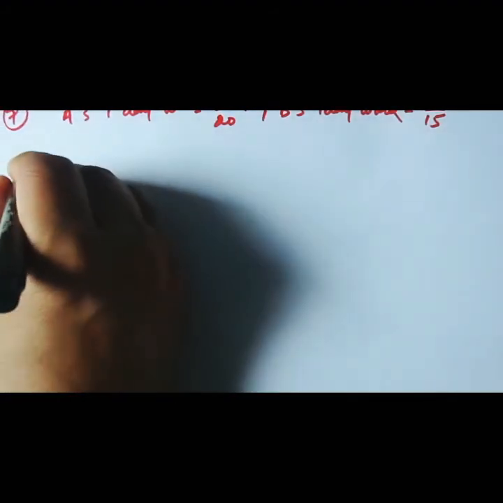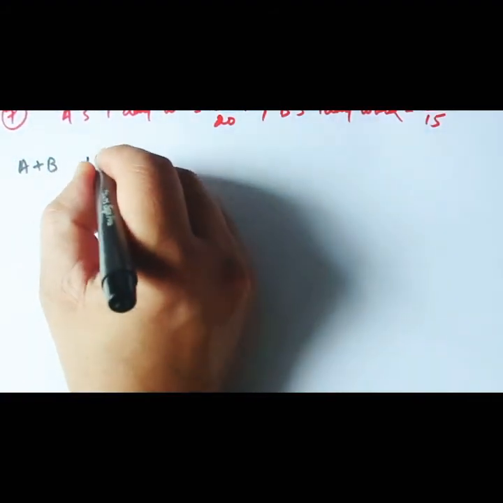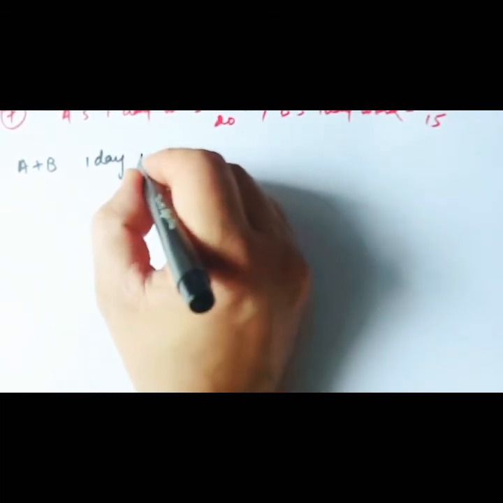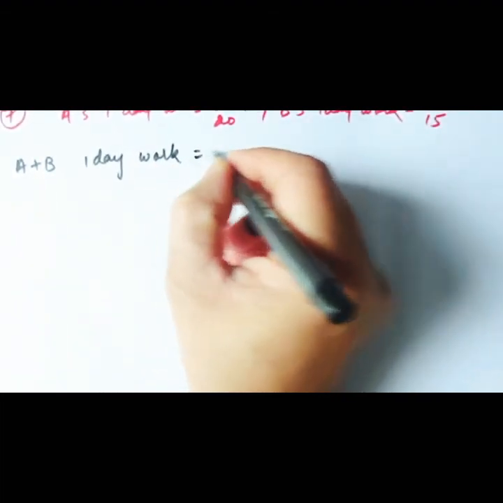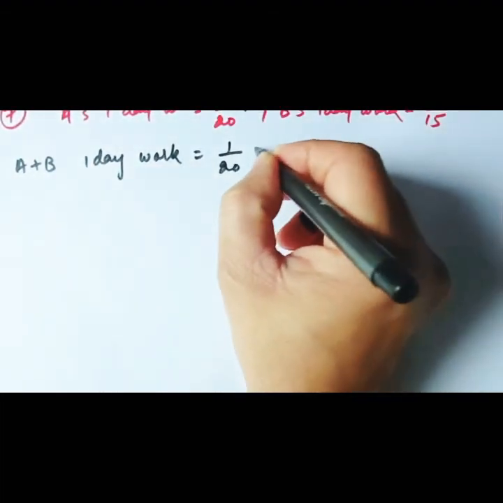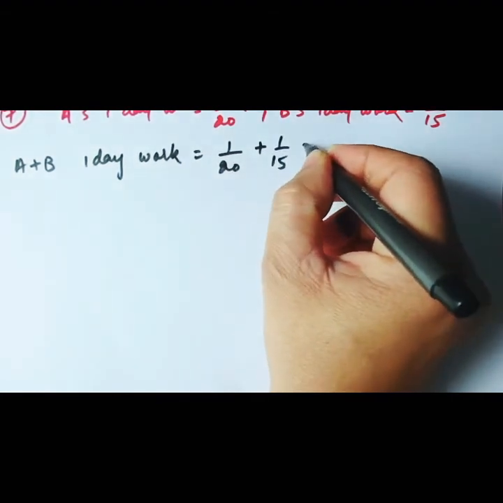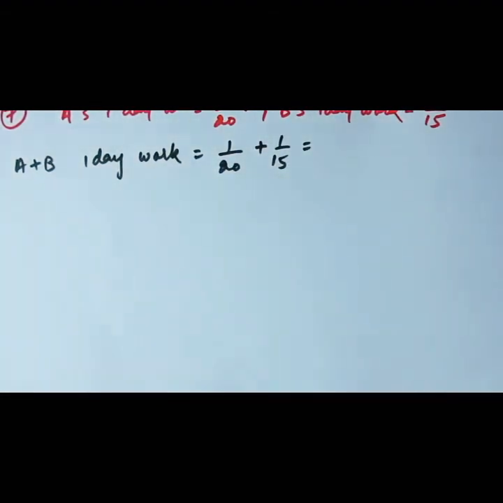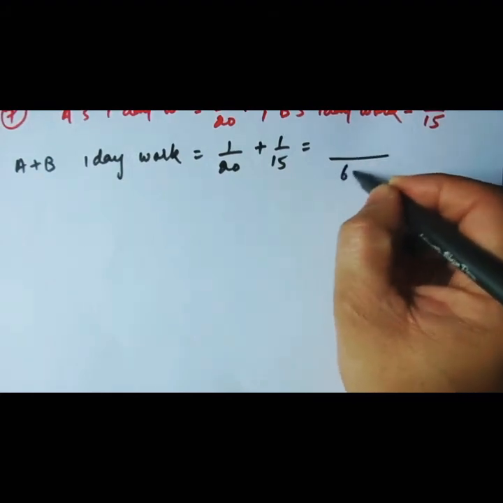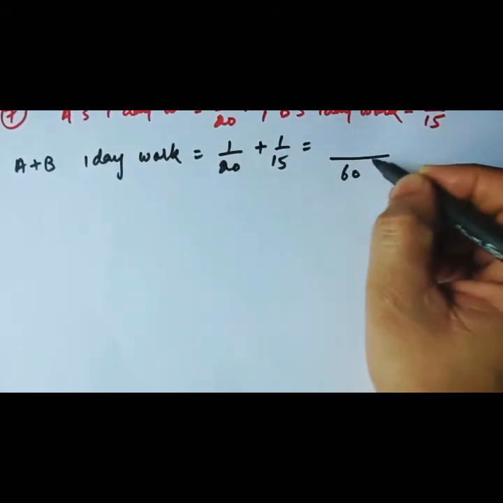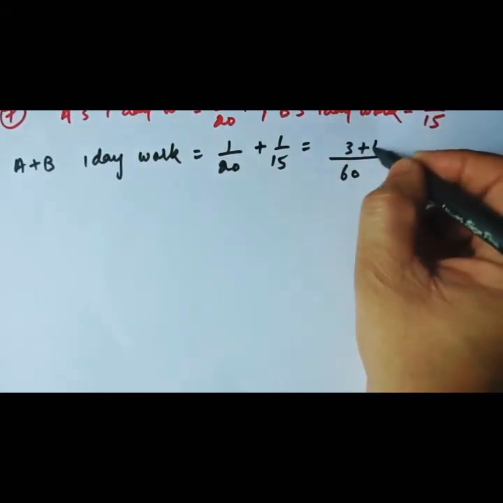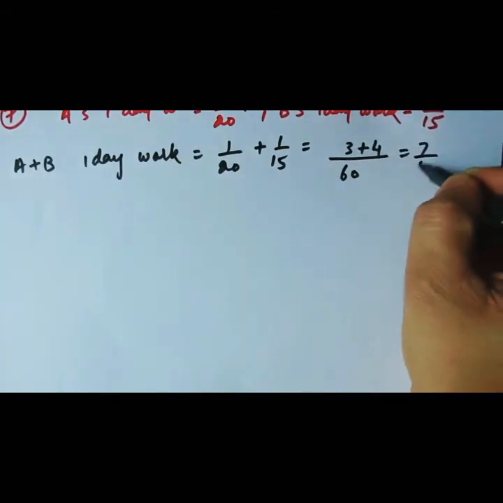First let us find out A plus B 1 day work, which will be equal to 1 by 20 plus 1 by 15. LCM will be equal to how much? 60. 3 4s are 12, 4 3s are 12, so 7 by 60.